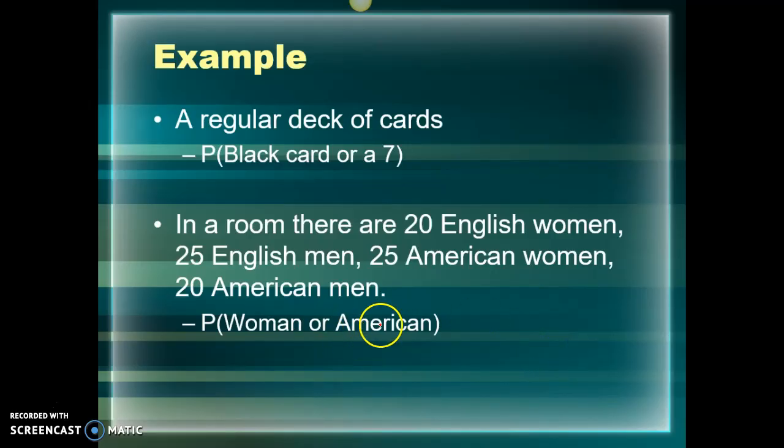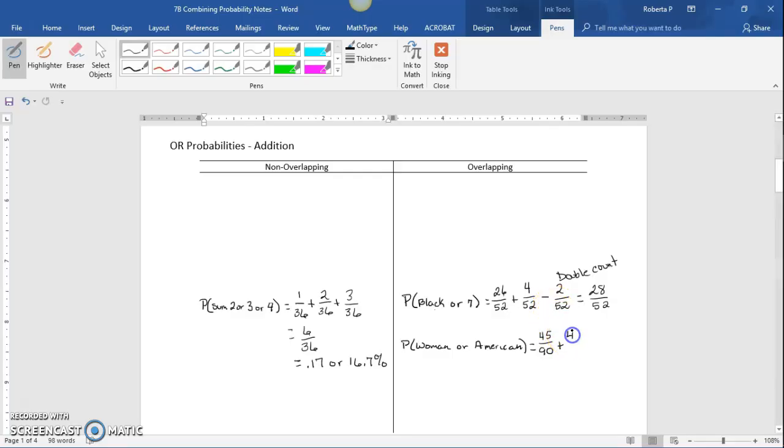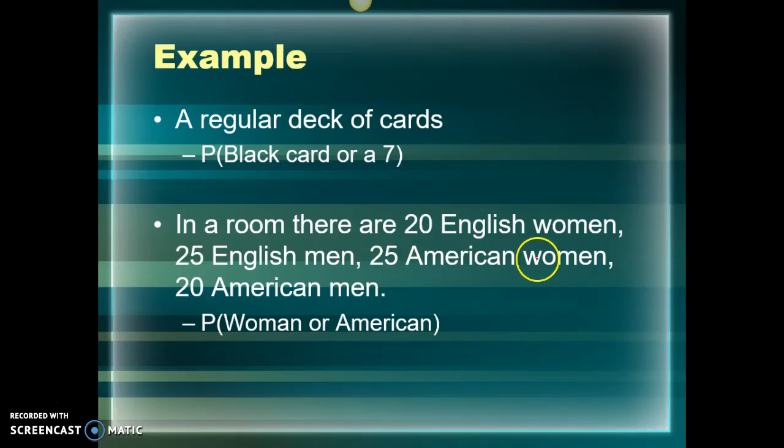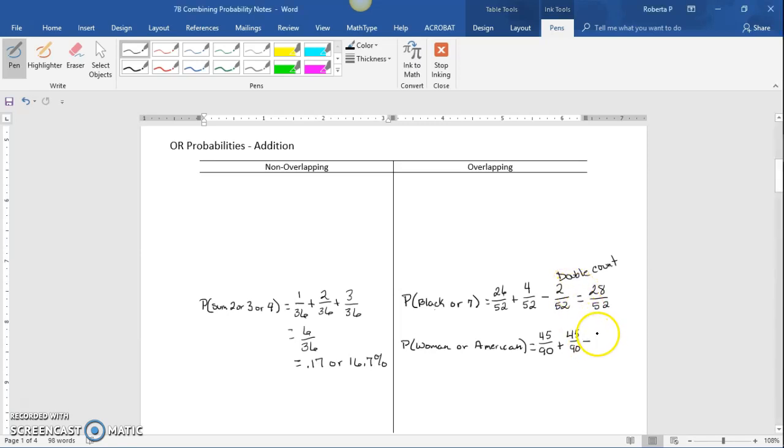Plus, now we want to find how many Americans we have. We have 25 and 20, so again 45 out of 90 Americans. Minus the American women: there are 25 American women, so we subtract out the 25 American women to come up with our answer.